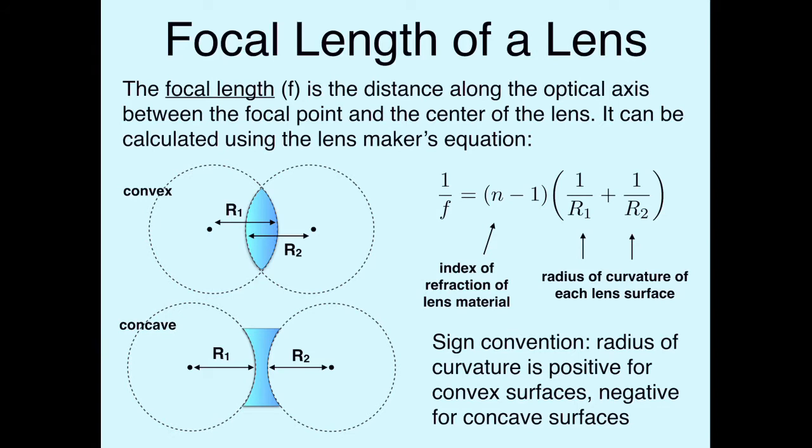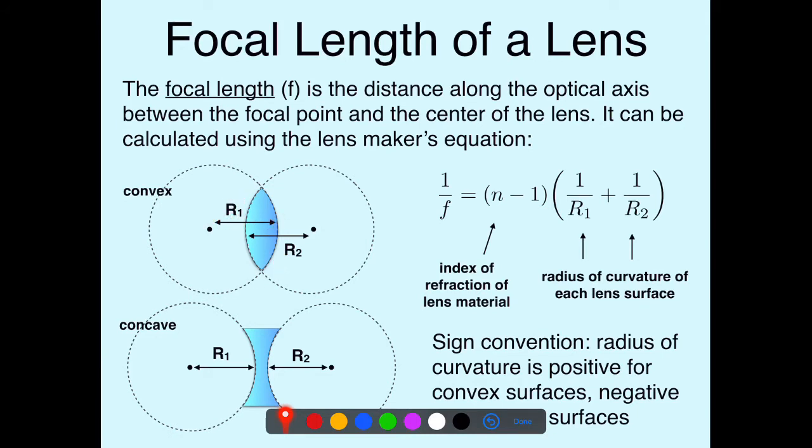So let's say we have a double convex lens like this, okay? We have a lens surface here, and then we have another lens surface here. This is what it looks like again when we see the lens from the side. So the first lens surface has a certain radius of curvature. Again, if we consider the surface to be a section of a circle, we can draw the entire circle and then state what the radius of that circle is.